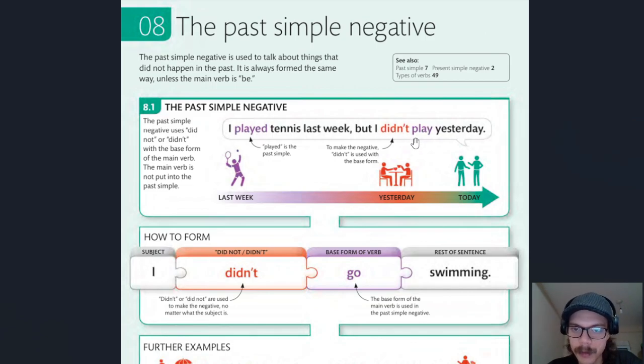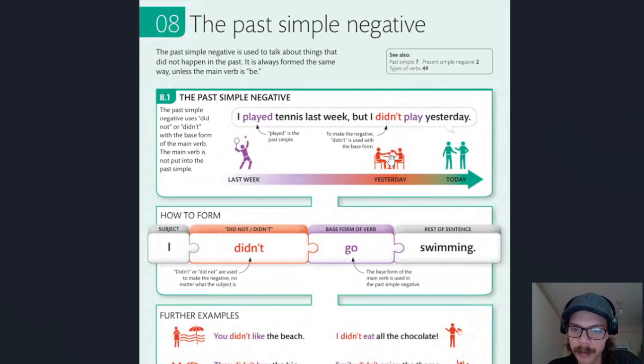So didn't. Okay. After you use that word, didn't, then you can just add the verb, so play, and it's going to be negative. So this works for any combination. You can say didn't play, didn't walk, didn't listen, didn't run, didn't jump. It always works the same. The structure is always the same.